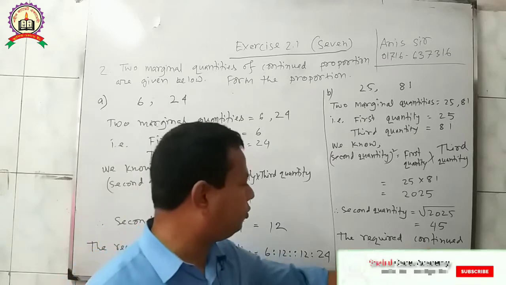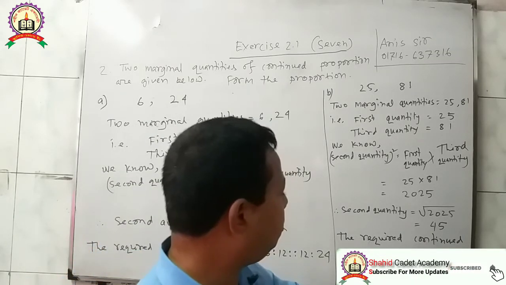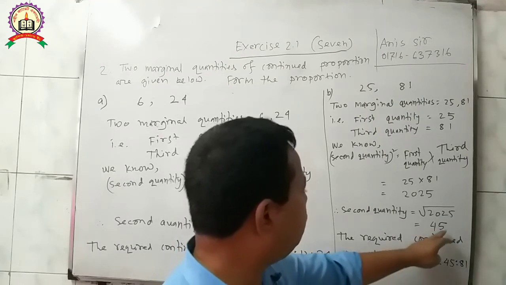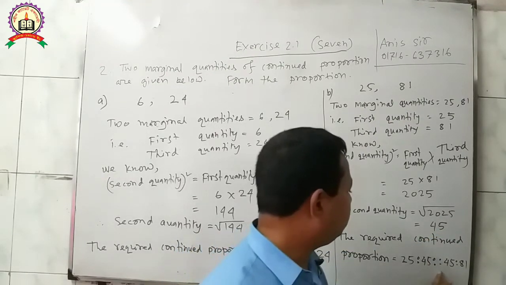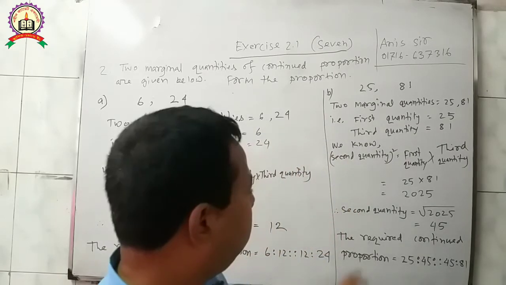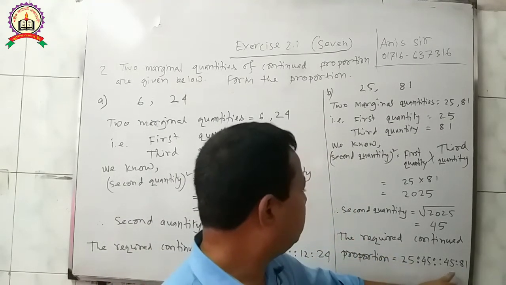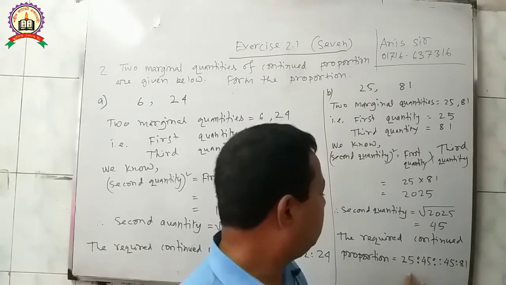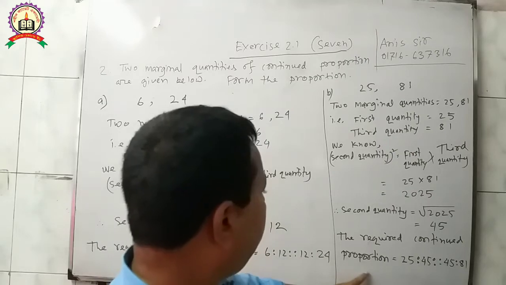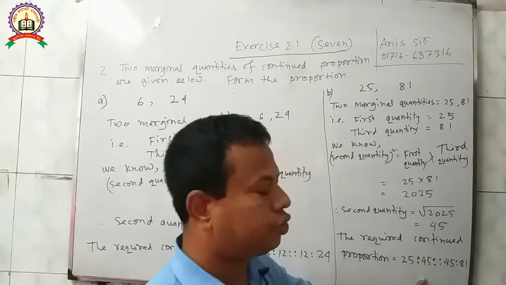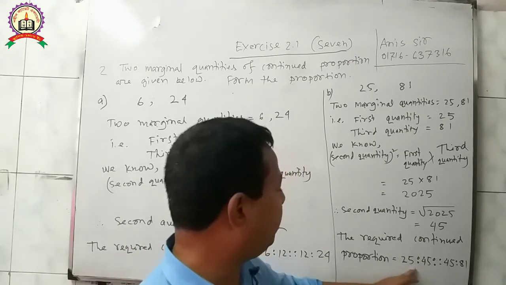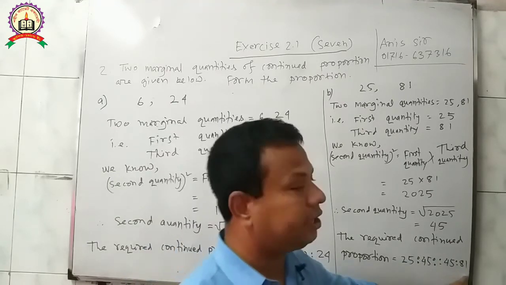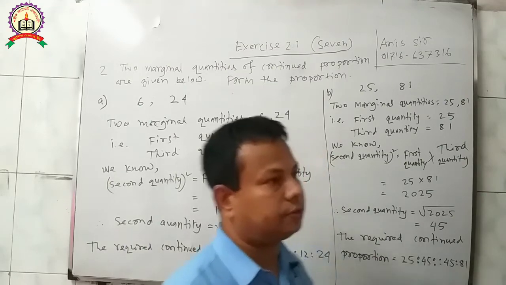So the required continued proportion equal to first ratio is to second ratio, 25 is to 45, proportion, the second ratio will be second quantity is to third quantity. So it is a continued proportion. First ratio by first and second quantities, and second ratio by second and third quantities.